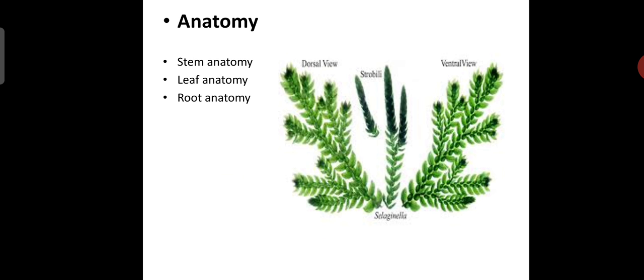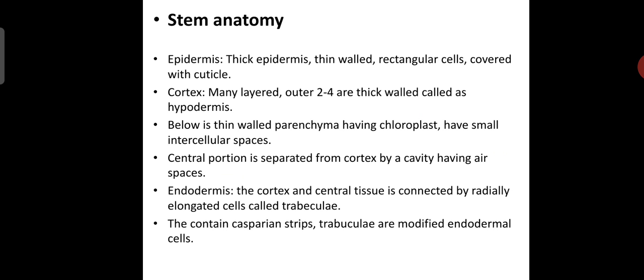Anatomy of the stem, leaf and root. The stem. The first layer is the epidermis. Thick epidermis, thin-walled rectangular cells covered with cuticle. Cortex may be many layered. Outer 2 to 4 layers are thick-walled cells called hypodermis.